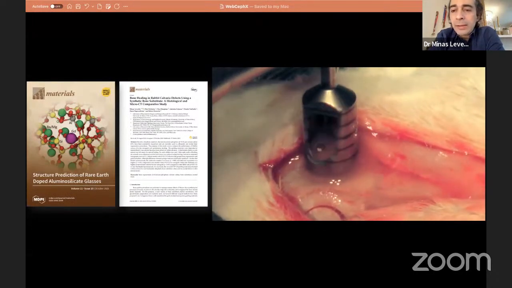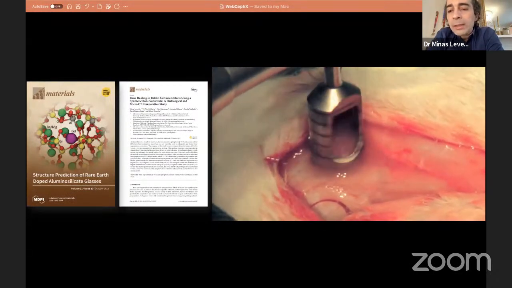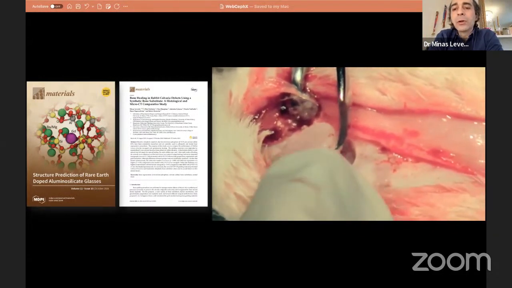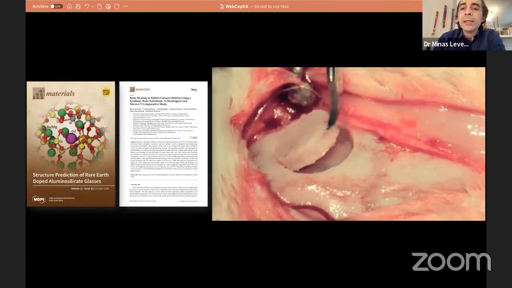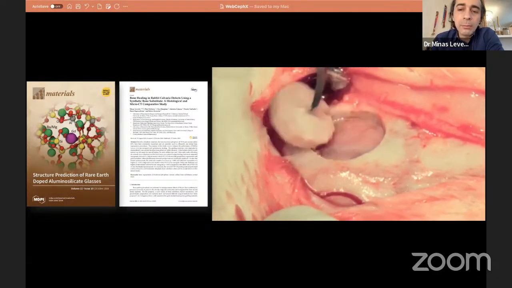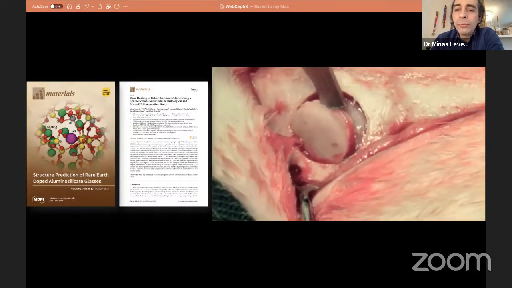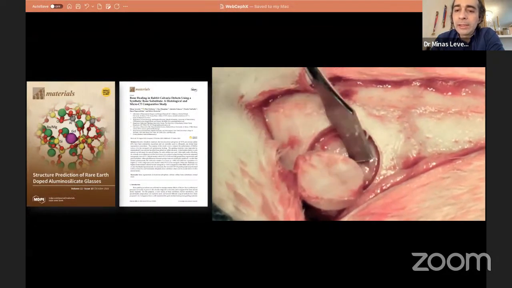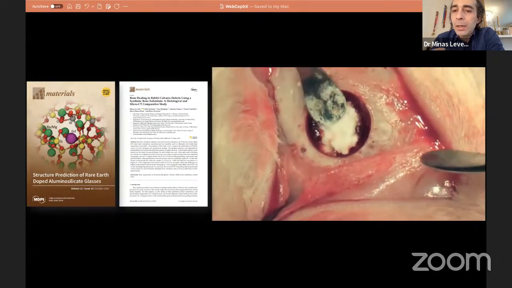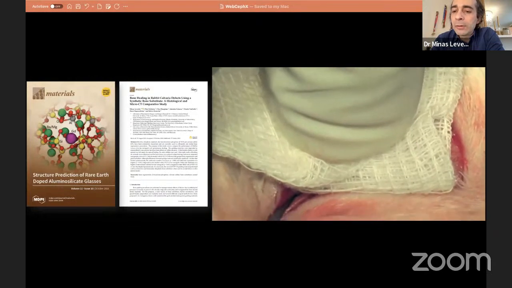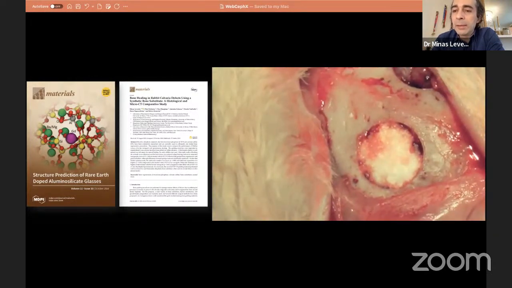Now that we have elevated the periosteum and we have opened our surgical site, using trephines, we create standardized circular bicortical bone defects. As you can see here, we remove, after using the trephine, this bicortical bone, and we have very nice circular defects, standardized in shape and dimensions.